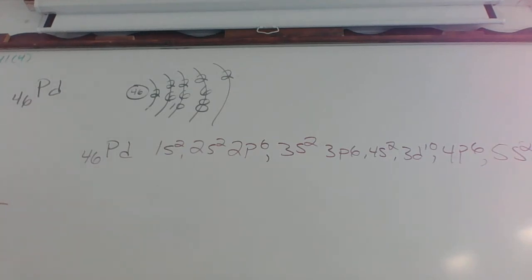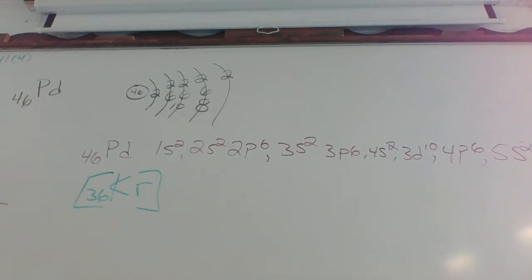For the shortcut method, which noble gas? Remember, you can't go up, you have to go down. And what would that be? Krypton, which is element what? So when we do that, what period is krypton in? 4p6. So that means the fourth energy level has all electrons in it in the p block.